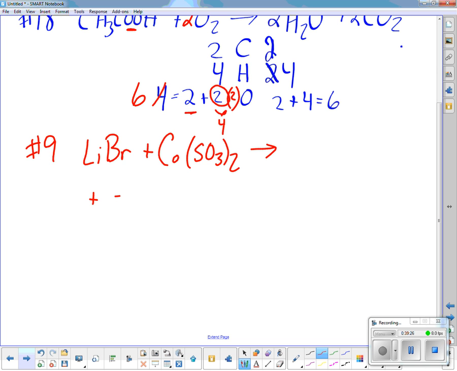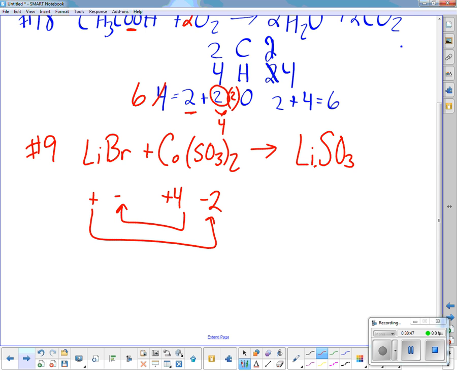SO3 is -2. There's 2 of them, so Co has to be a +4. Okay, double displacement. Oh wait, outsides, insides. Okay, Li, SO3, but I need 2 lithiums, right, to balance the charge.